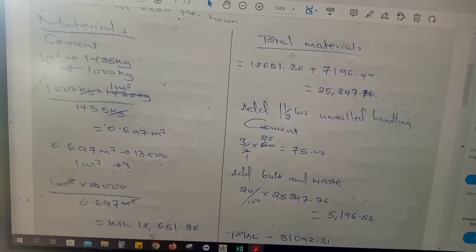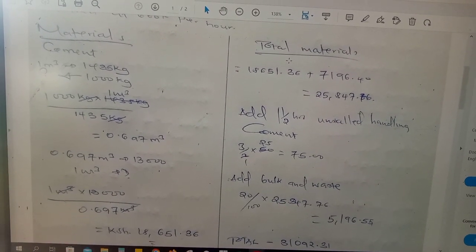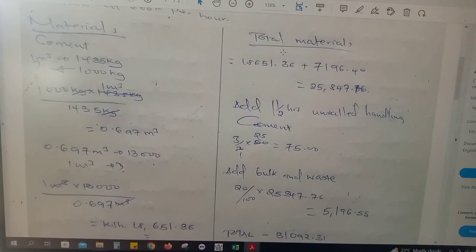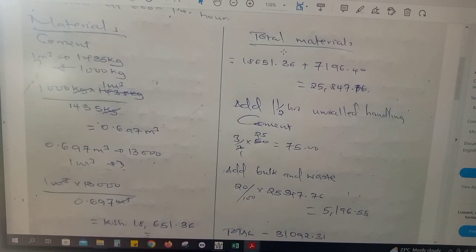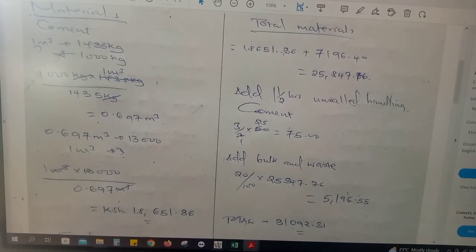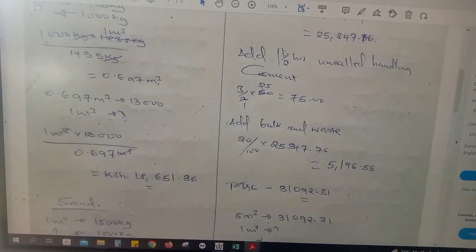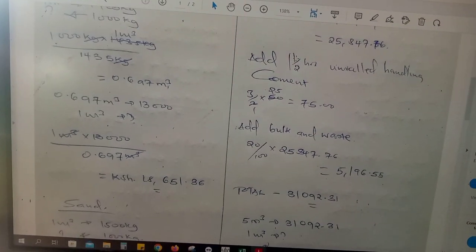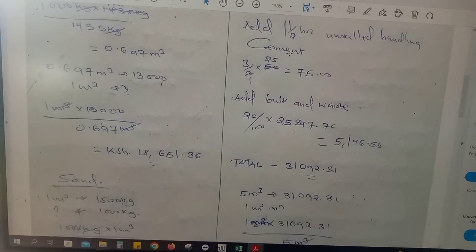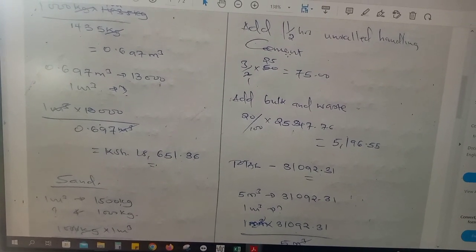So that 0.697 cubic meter will be equivalent to the cost of 1 ton of cement, that is 13,000. So you'll get the cost of 1 cubic meter of cement. After that calculation, you get that the cost of cement is 18,651 and 36 cents.